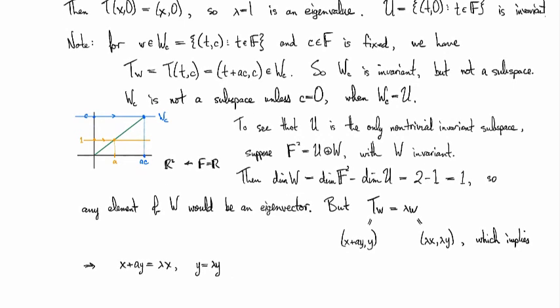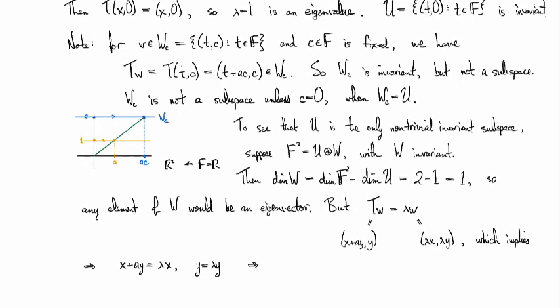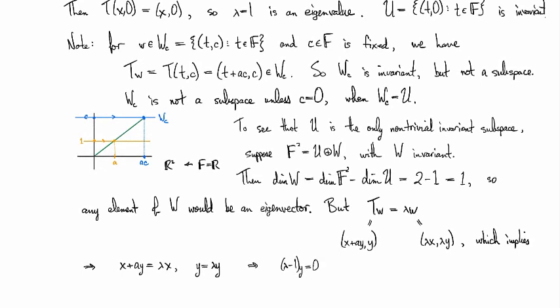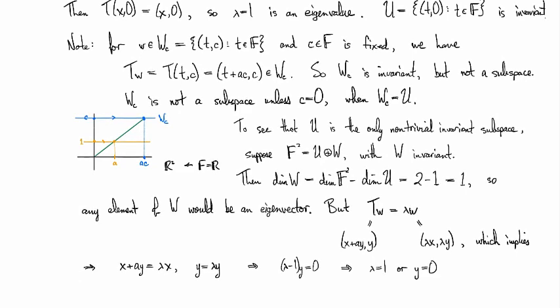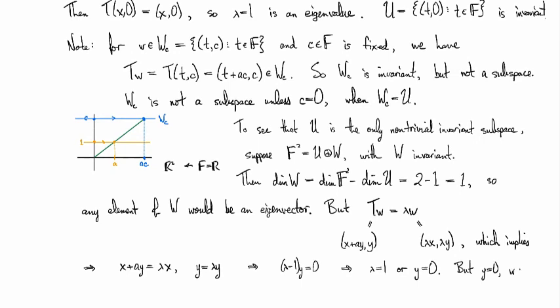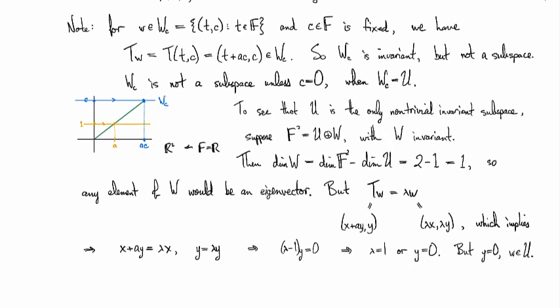And so from the second one there, we have that lambda equals 1 or y equals 0. But if y is equal to 0, then we start off with a point back in that invariant subspace that we looked at the beginning on the x-axis.